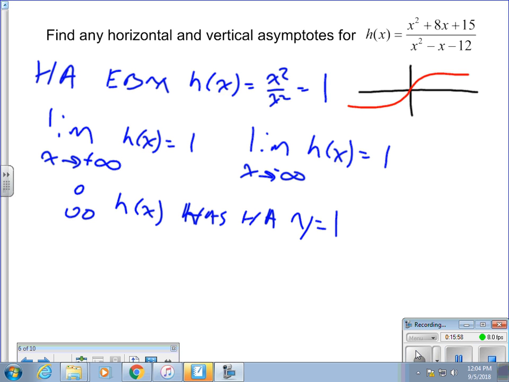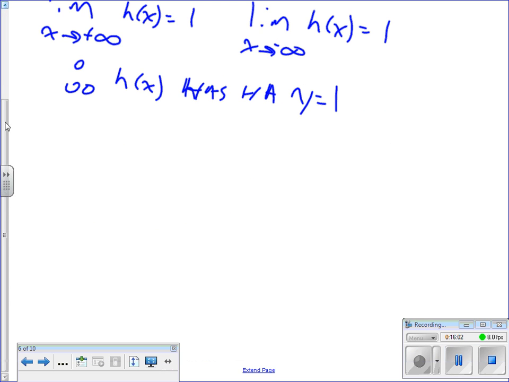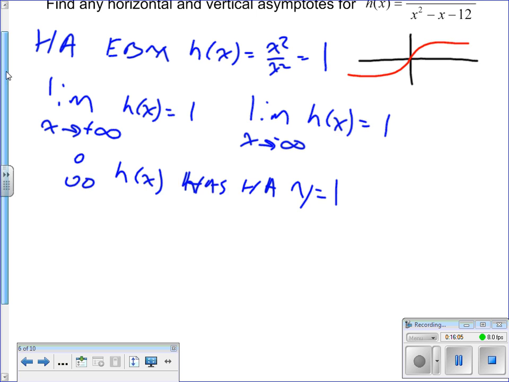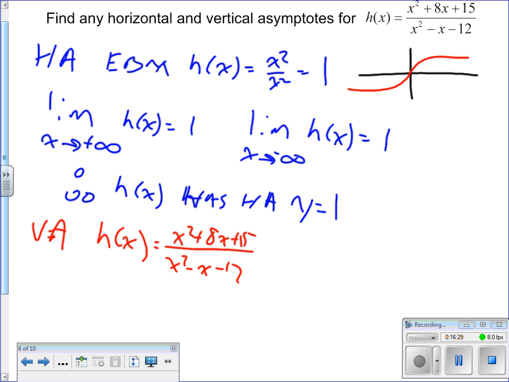Now, for the more fun one, and I will have to scroll up and down a little bit on this one. For the vertical asymptotes, we have to take the equation h of x, x squared plus 8x plus 15 over x squared minus x minus 12, and find where the possible vertical asymptotes are.